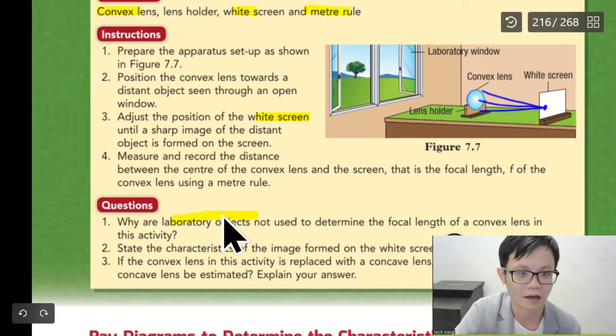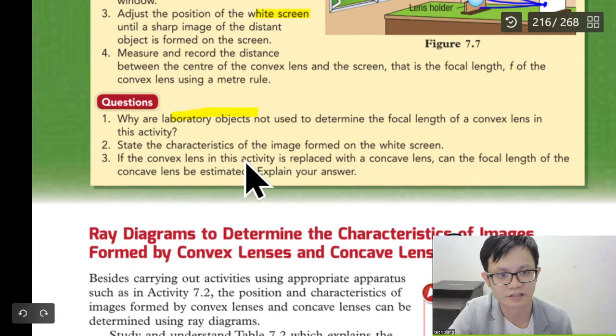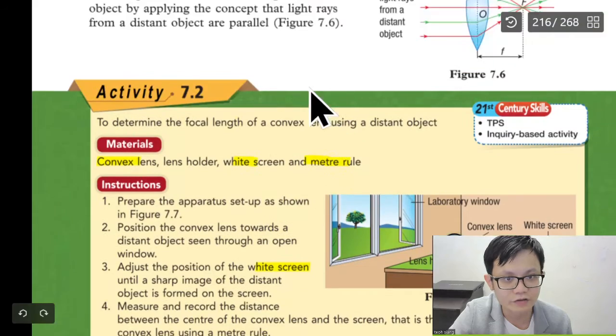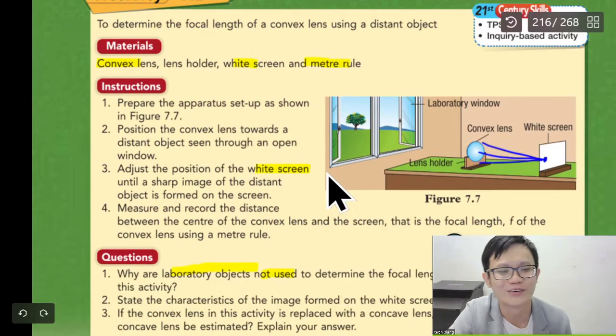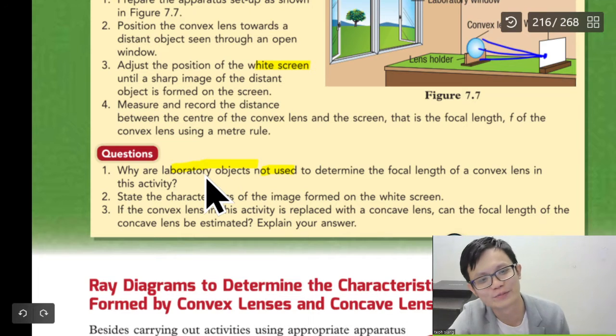So I don't know, is it a question error or I don't understand the question, because it says why laboratory objects are not used, but you already use the lens and the rule. So maybe I don't understand the question. If you have the answer, put it in the comments below.